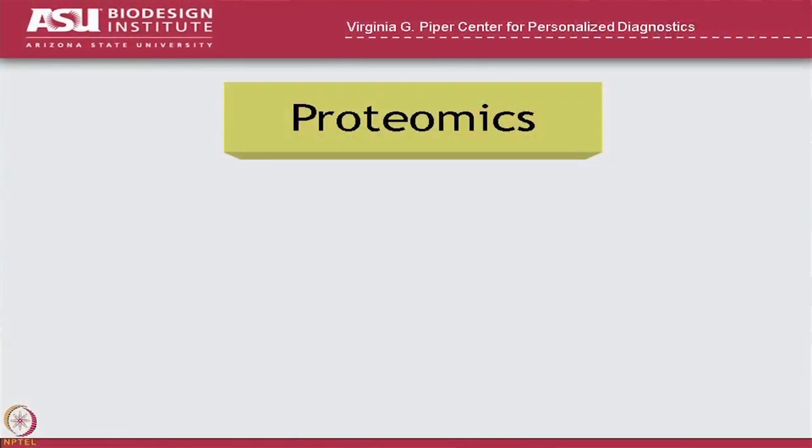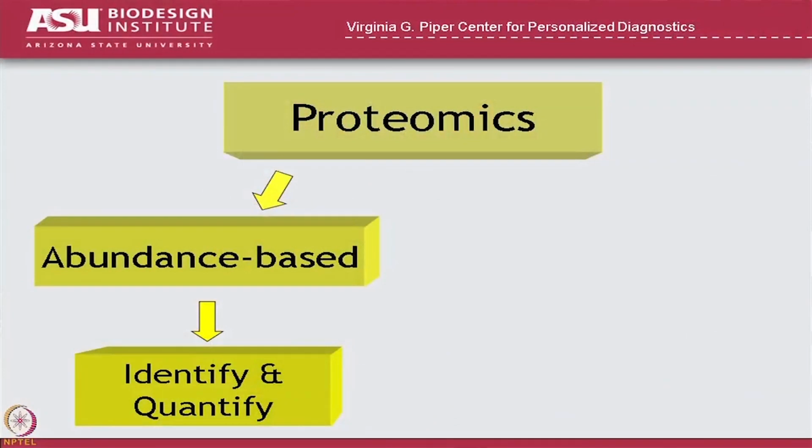Okay, so the type of biomarkers that I work on are proteomics biomarkers. I'm not going to ask you what proteomics is because I know all of you know that. But let me mention that there are two general approaches to proteomics. One is the abundance-based approach, and we talked about that a couple days ago.